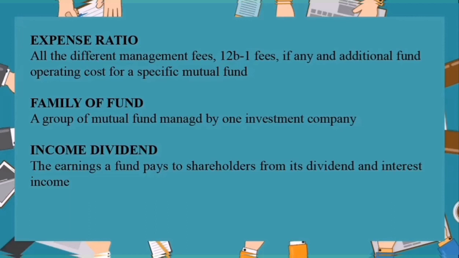So, income dividend. An example: suppose an investor buys $10,000 worth of a stock with a dividend yield of 4% at a rate of a $100 share price. This investor owns 100 shares that all pay a dividend of $4 per share. So 100 times $4 is equivalent to $400.